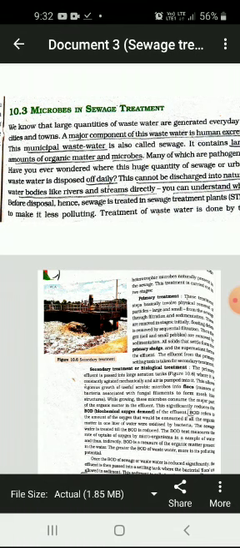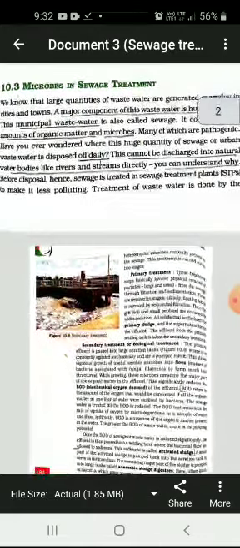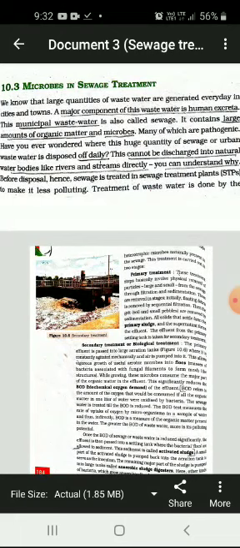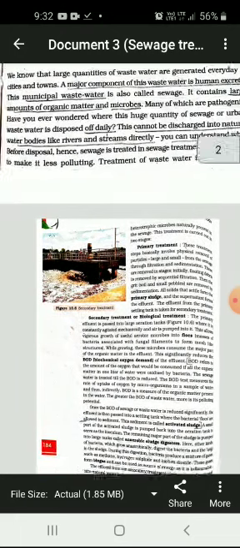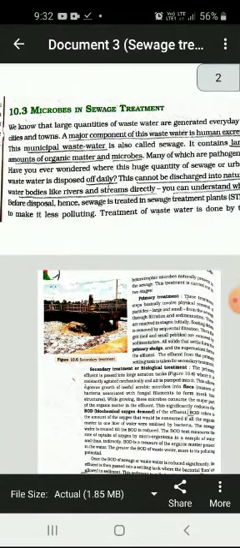But the sewage generated from any source can either be disposed of into the water bodies or into wide open barren land area. It is likely to cause water pollution if it is disposed of into water, or may cause landscape pollution if it is disposed of into barren land area.